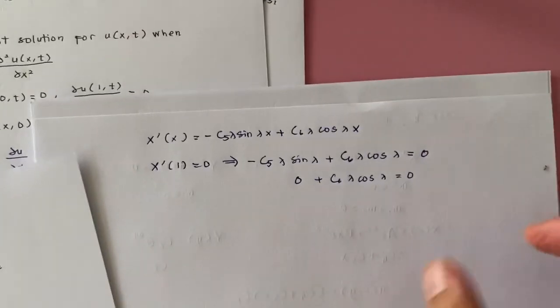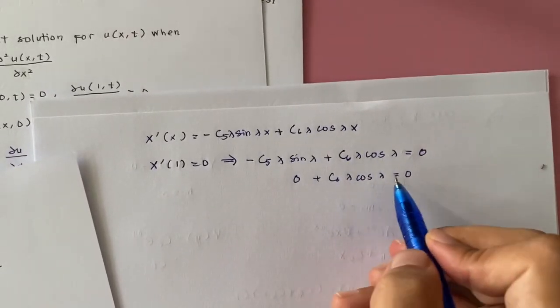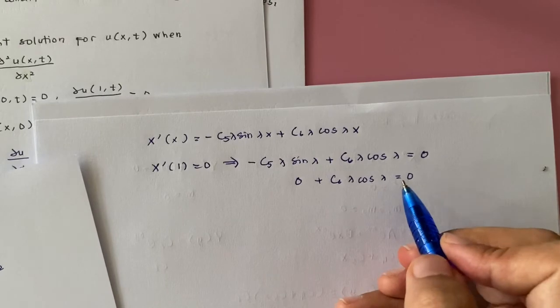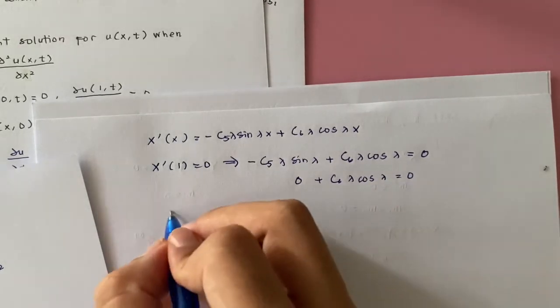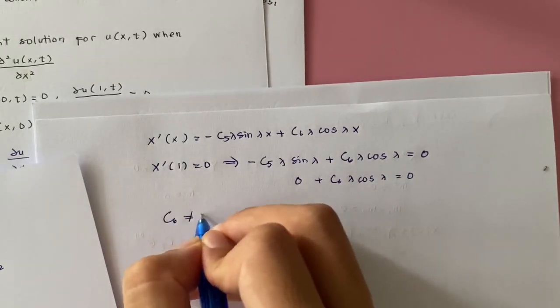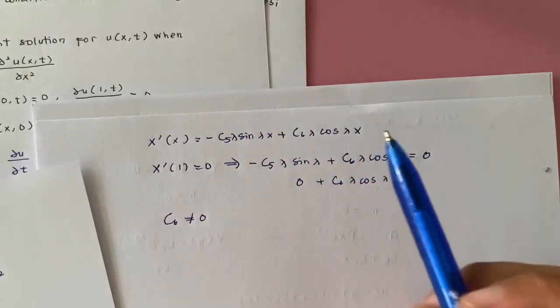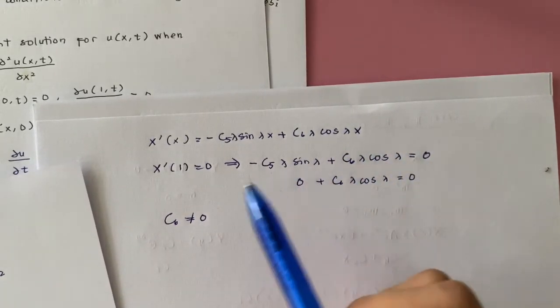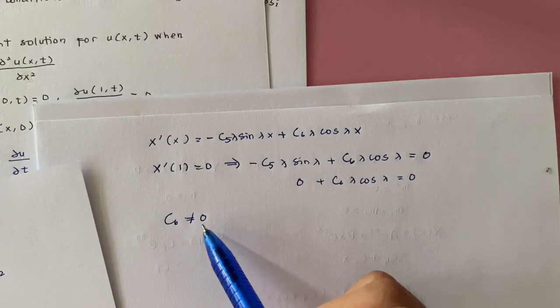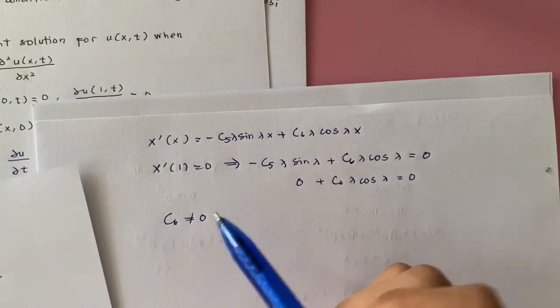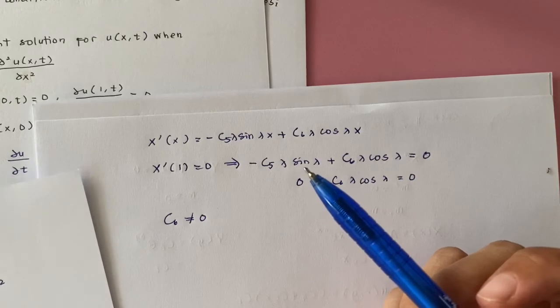Okay, so you have c6 lambda cos lambda equal to 0, and you need to make sure that c6 cannot be equal to 0. Why? Because you already have c5 equal to 0. If c6 is equal to 0 as well, again you don't have any eigenvalues.